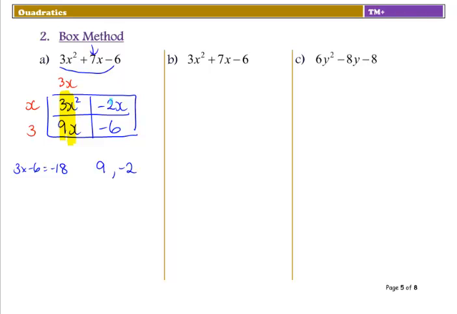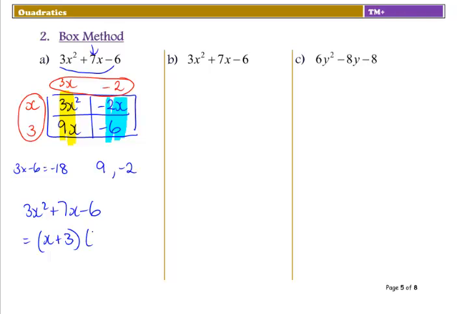Then I look down the next column, and the common factor would be -2. Okay, once you've done that, you've now got what goes in your brackets. In one bracket will be x plus 3, and in the other bracket is 3x minus 2. So 3x squared plus 7x minus 6 becomes x plus 3 and 3x minus 2. Note, it could have been written 3x minus 2, x plus 3.